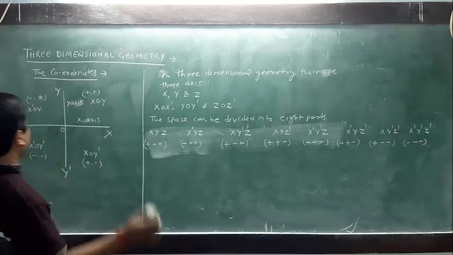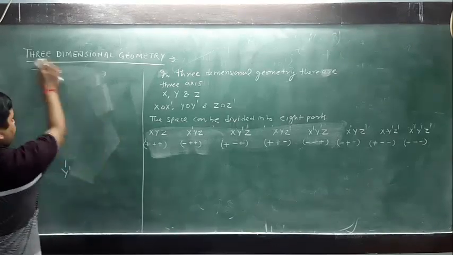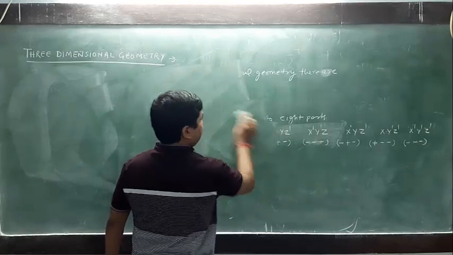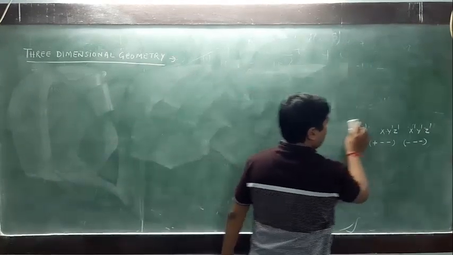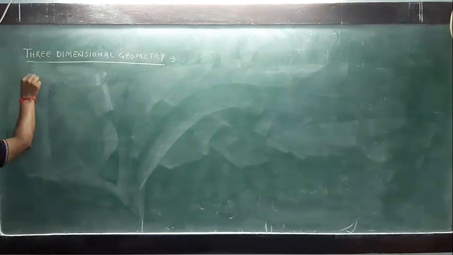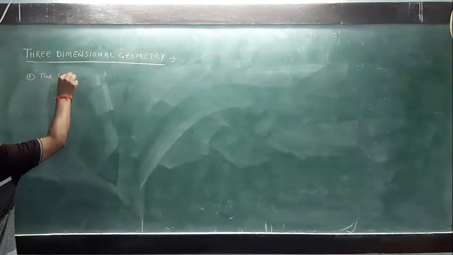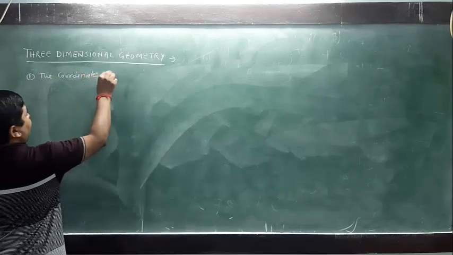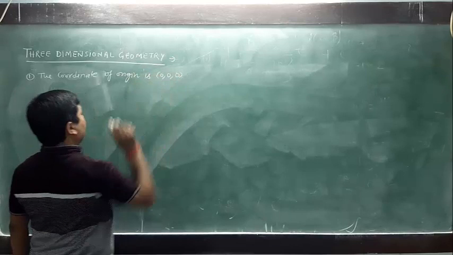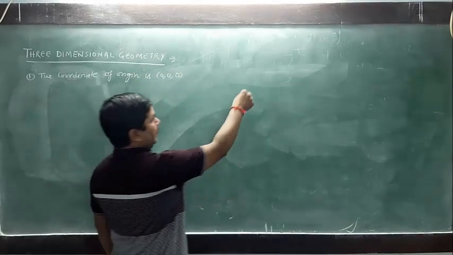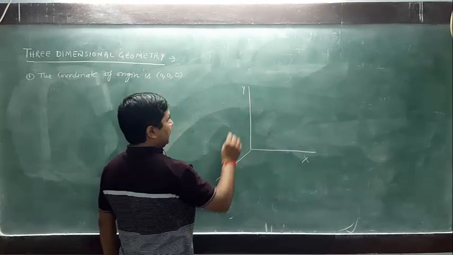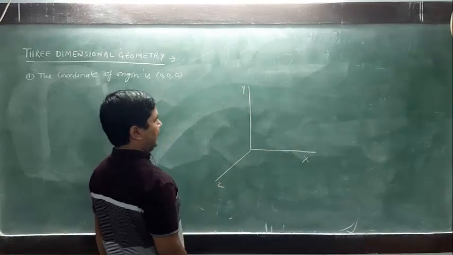There are some points in 3-dimensional geometry. The first is the coordinate of origin is 0, 0, 0, and x-axis, y-axis and z-axis.